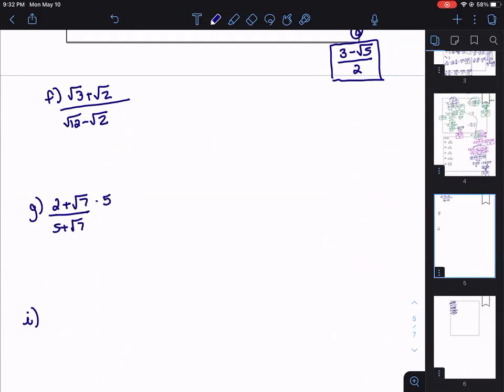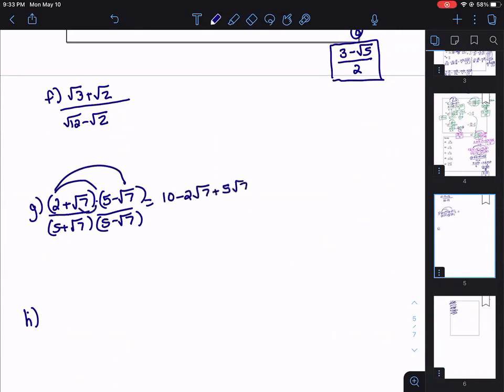So I will work them out, and you can take a picture or download this when I post it. I'll just work out G and H, not I. I'll slide back up once I'm done with these two.